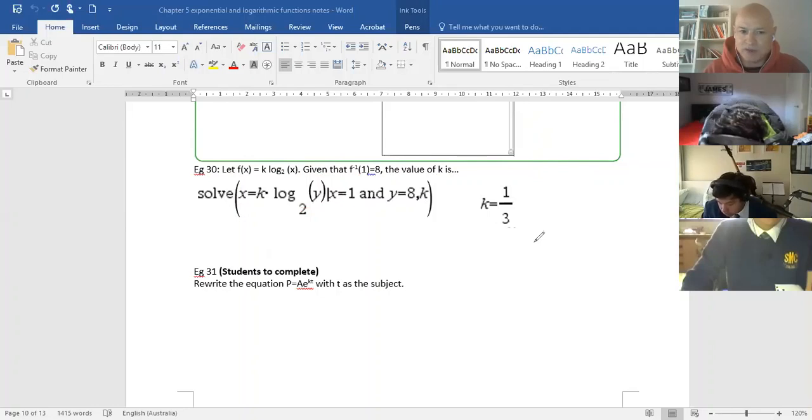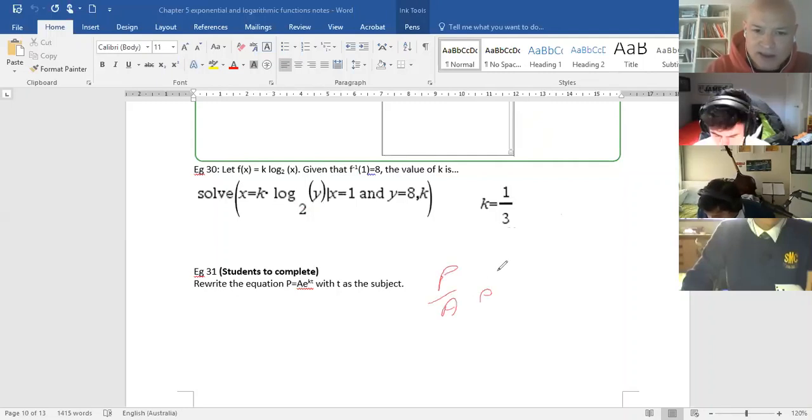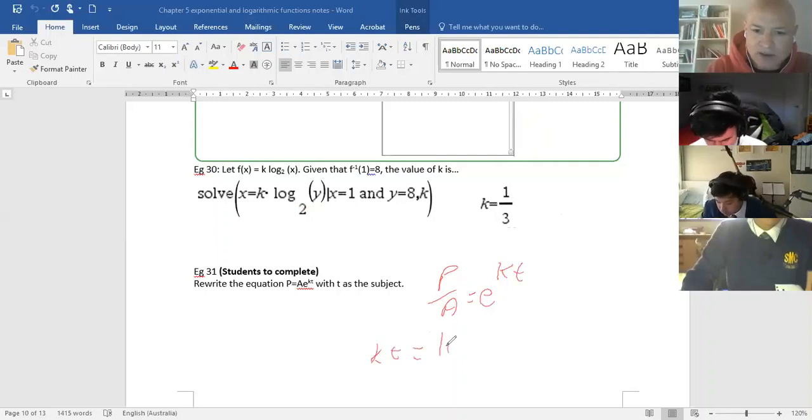Okay, example 31, rewrite the equation with t as the subject. By now we should know how to do this pretty quickly. Going to divide by the a, there it is there. Take log e's, so kt equals log e of p divided by a, and divide all that by k.